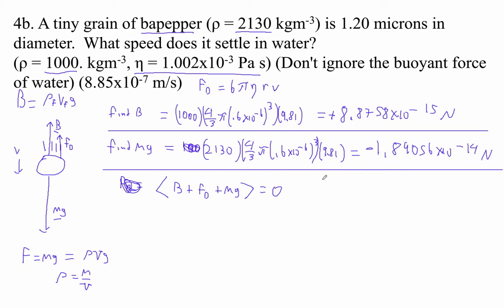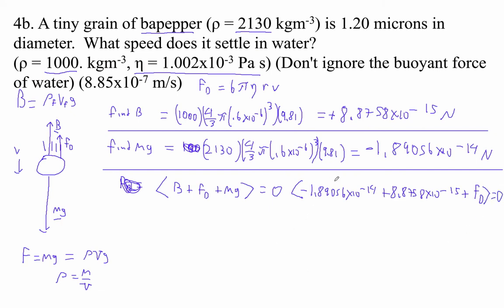Gravity is going to be a downward force, so we end up with minus 1.89056 times 10 to the minus 14th plus 8.8758 times 10 to the minus 15th plus the Stokes force is 0.